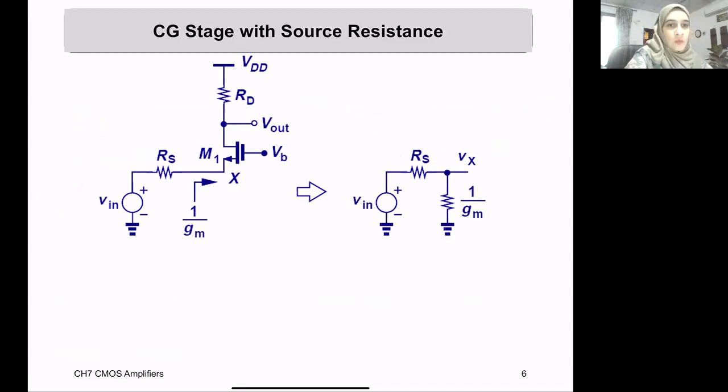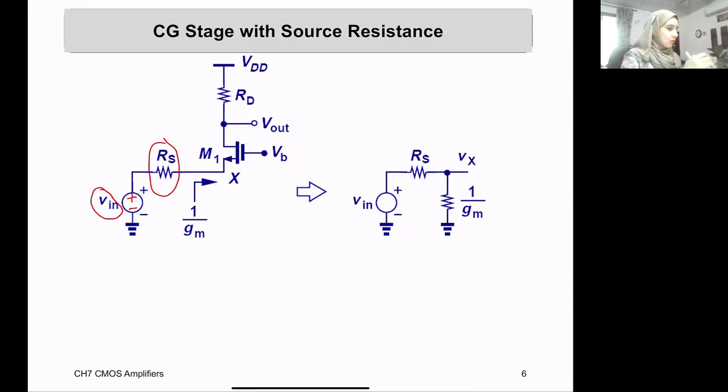Okay, now what will happen if my common gate stage has a source resistance, a resistance RS that comes with Vin? How is the gain going to change? Now you can think of this as a kind of two stages.